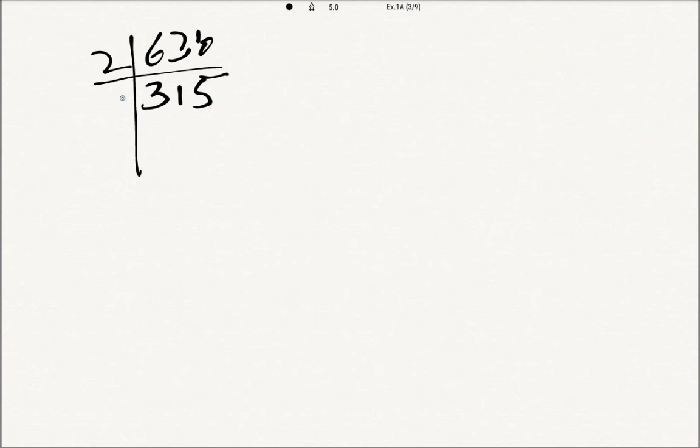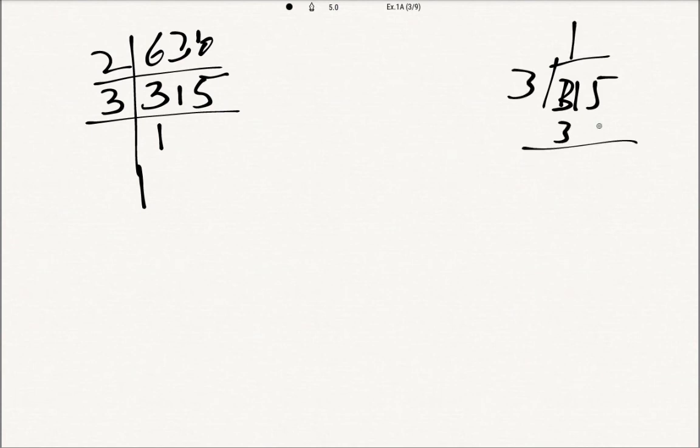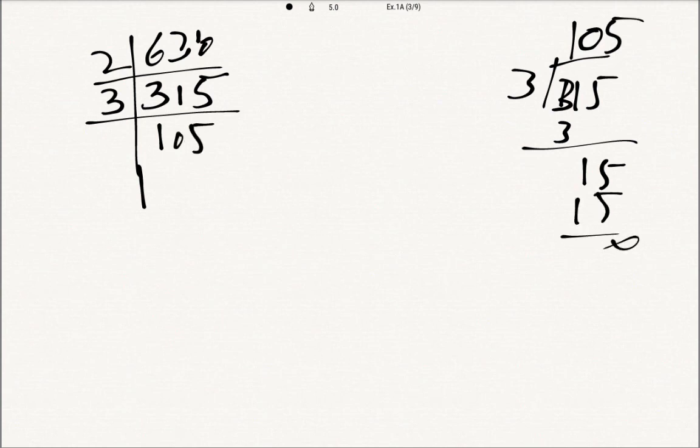We try with 3. 3 1s are 3, 3 1s are 3, 5, 0. Two numbers are put down, so we will use 0 in the answer. So 3 5s are 15, so 105.